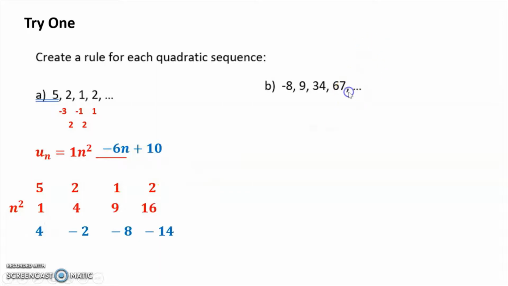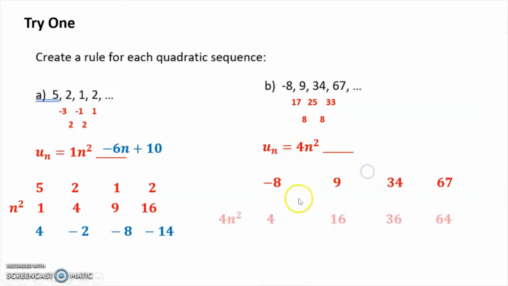Try this one too. And maybe you have already. Let's check. So first differences. Second differences of 8 tells us our coefficient in front of n squared will be 4. And then you write your sequence. You write what 4n squared would produce when n is 1, when n is 2, when n is 3, when n is 4.